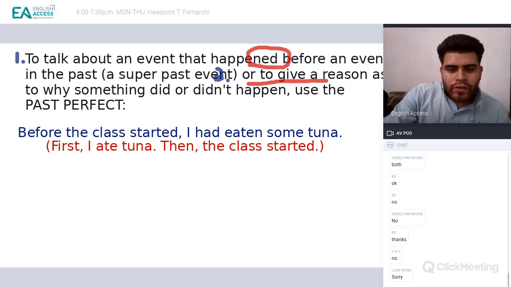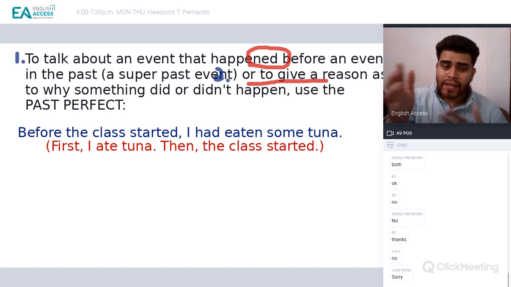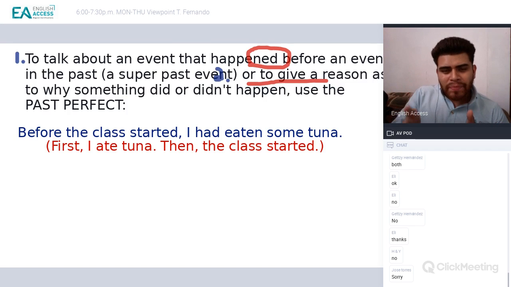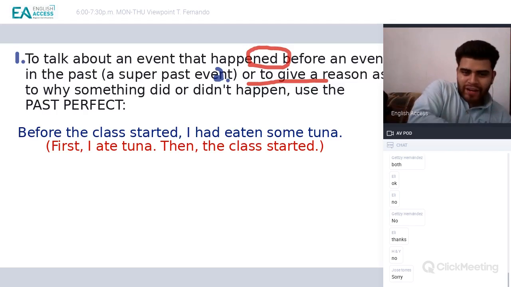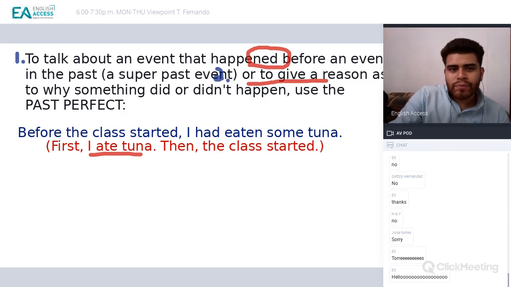All right. So I have an event in the past. My event is class started. But then I have something that happened before the class started, which is I ate tuna. And I like to call that the super past.